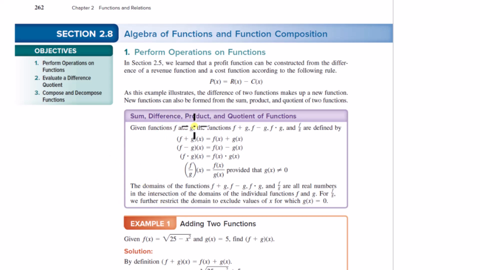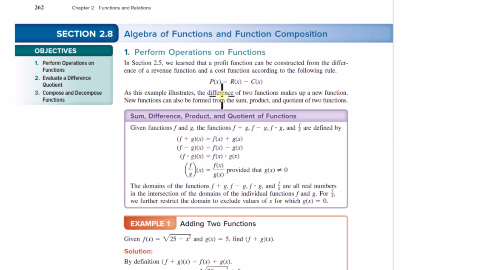All right, so the sum, difference, product, and quotient of functions. The notation is just like it sounds. Here, you're subtracting the cost function from the revenue function. You could add two functions, subtract two functions, multiply two functions, divide two functions. And the notation is like this.